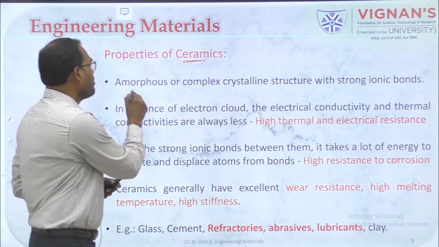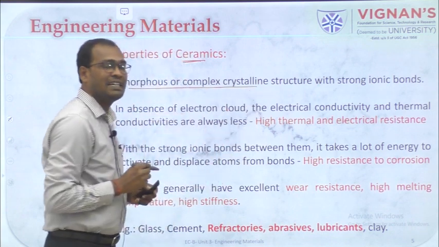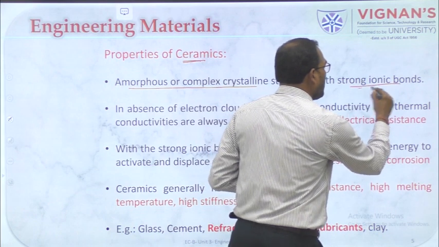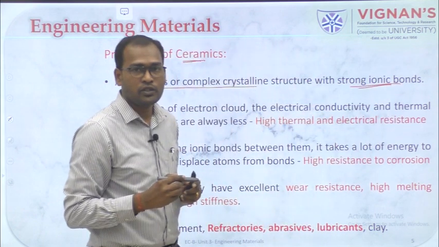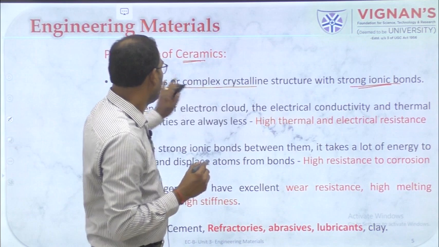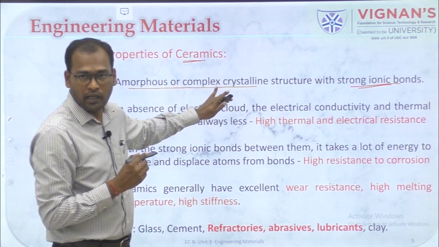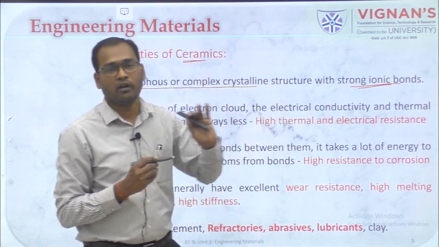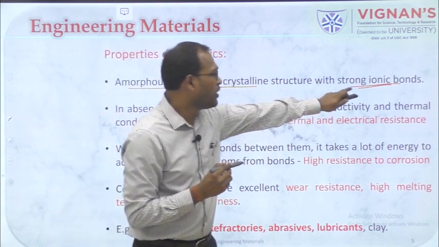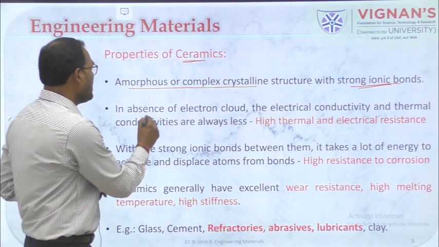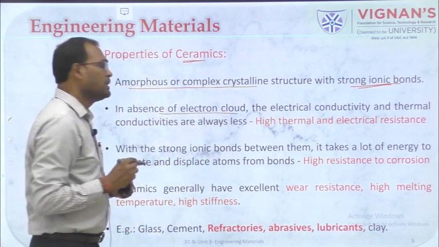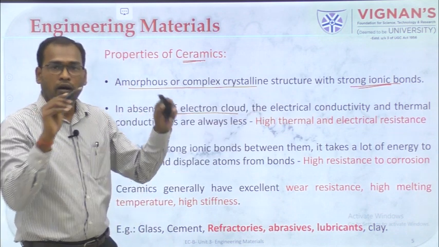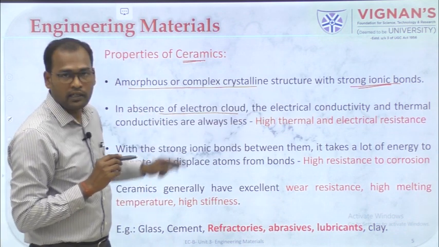Ceramics are mostly amorphous or crystalline structures, and they are formed by strong ionic bonds. Since they form ionic bonds, the electron cloud is not available.